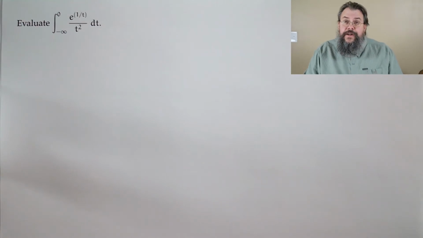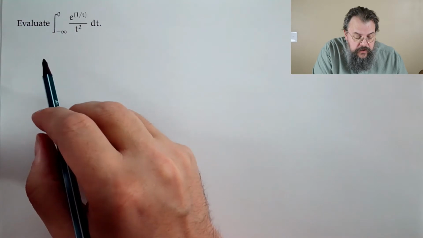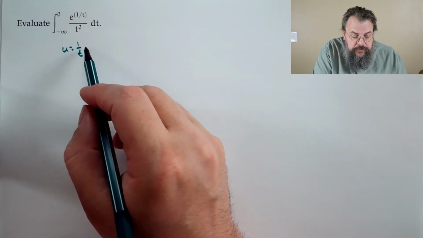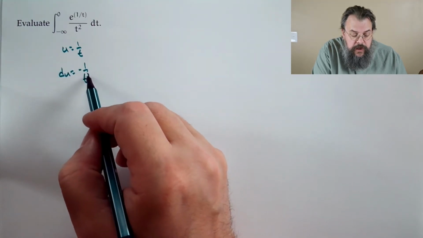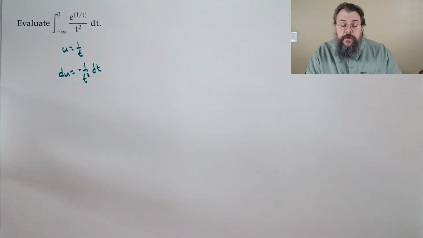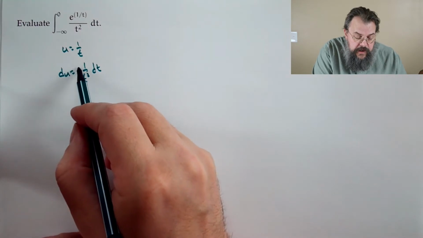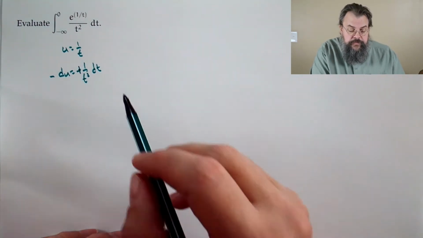So let's try to do substitution. If we let u equal 1 over t, then our du would be minus 1 over t squared dt. All right, so far seems pretty harmless. And we can even move the minus sign across, so that'll become plus, becomes minus.